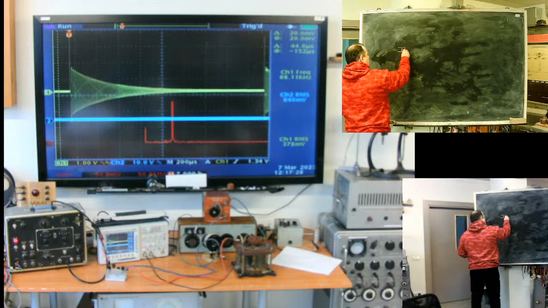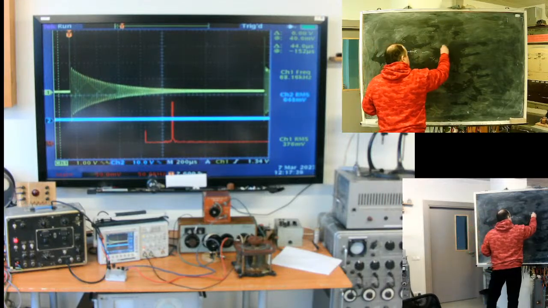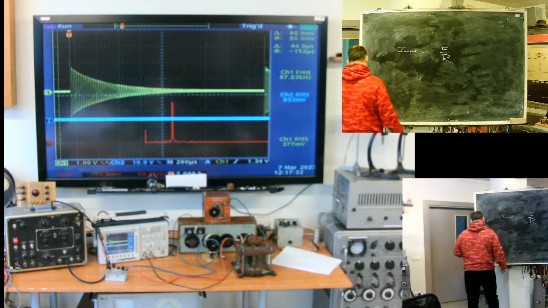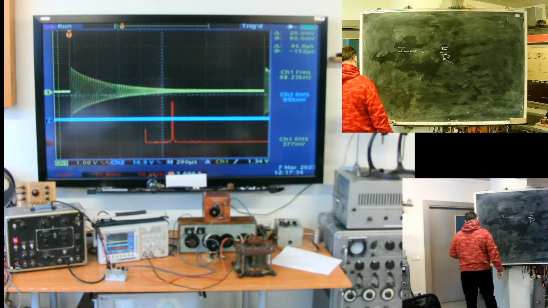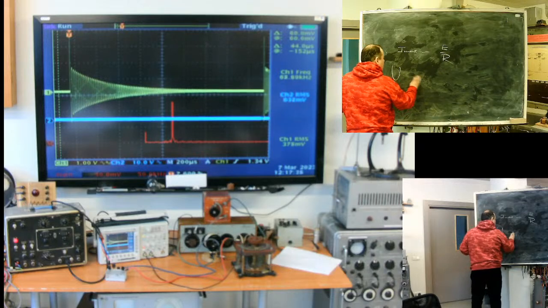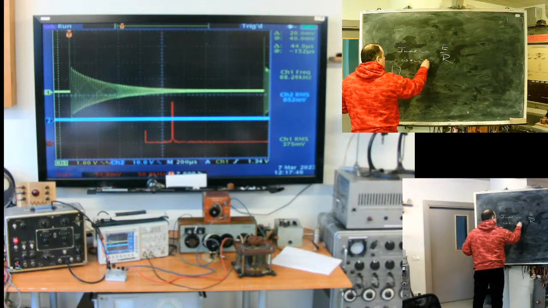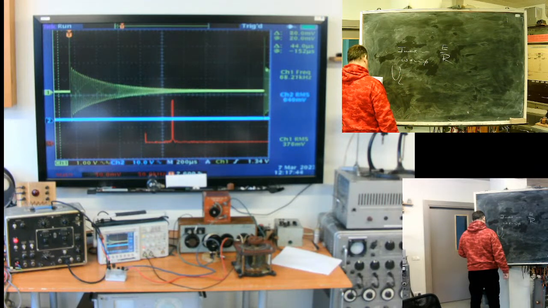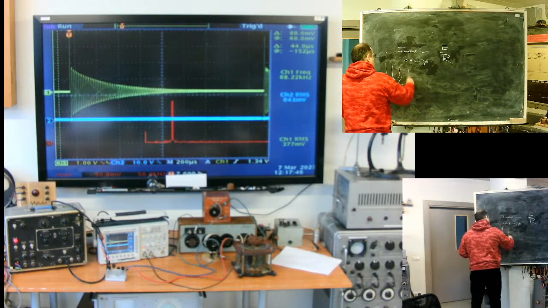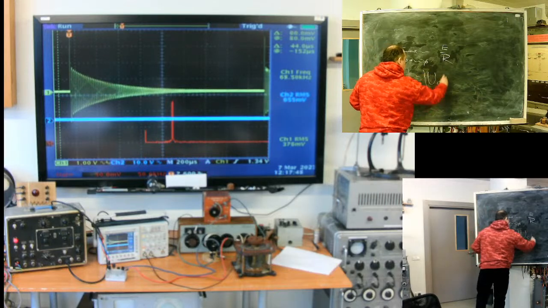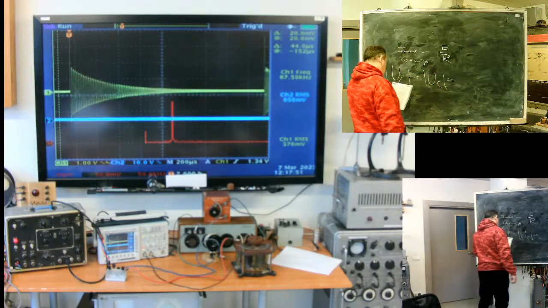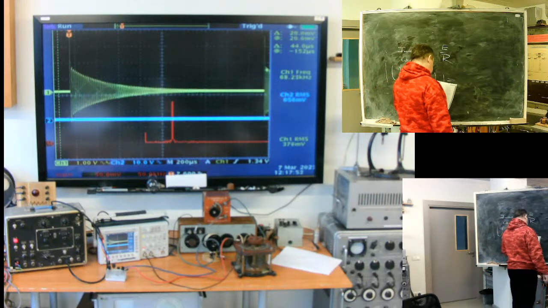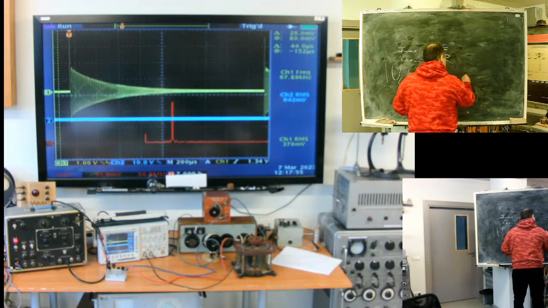So the current will be E divided by resistance R at omega 0. And the capacitor voltage will be equal to what?